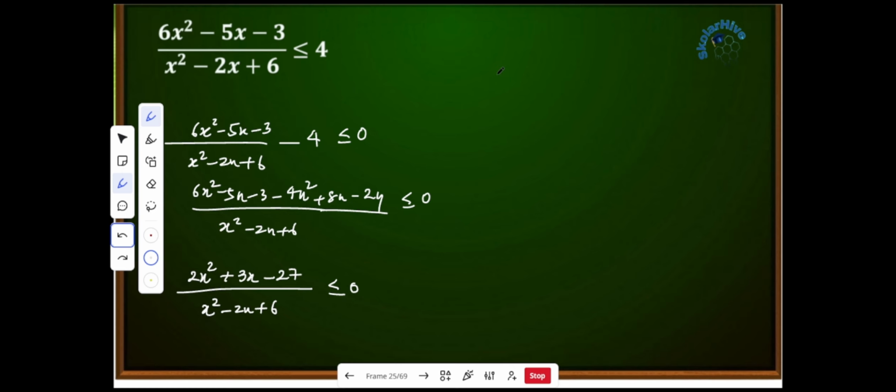So we can take 9 and −6. This will become 2x² + 9x − 6x − 27.